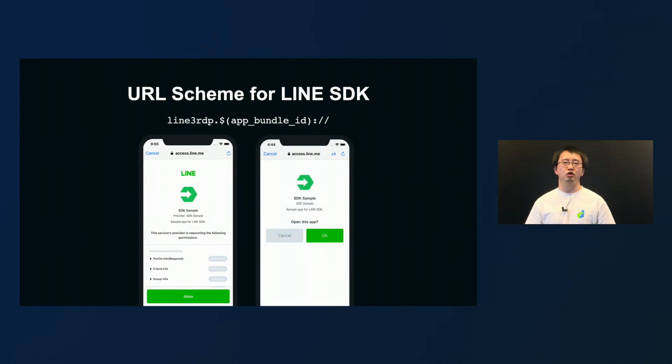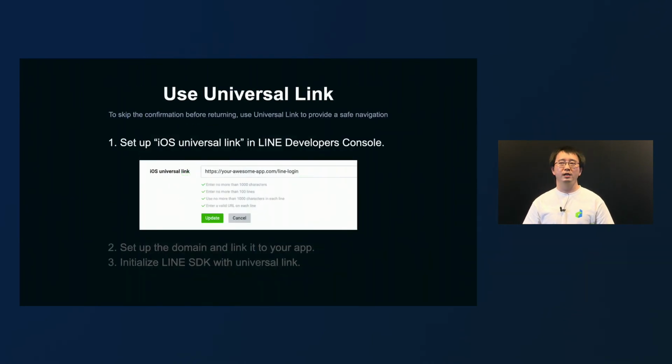In this case, we will show an additional confirmation window to let the user know where they would be navigated to. Sometimes it's annoying. To skip the confirmation before returning, you can use the universal link to provide a safe way of navigating.